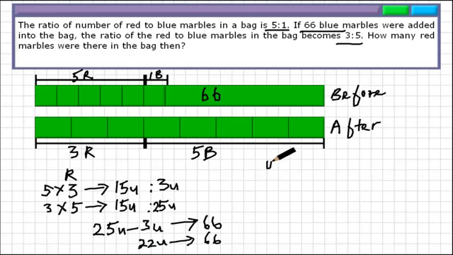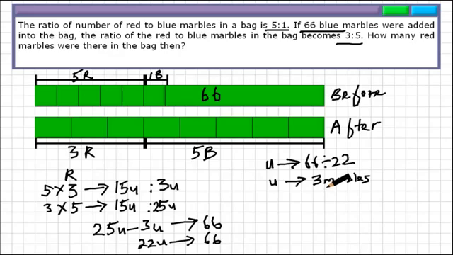So u is 66 divided by 22, and u is 3 marbles. So now we have found the value of 1 unit, which is equivalent to 3 marbles.